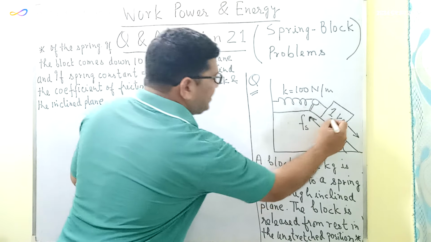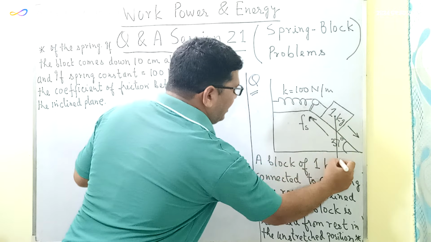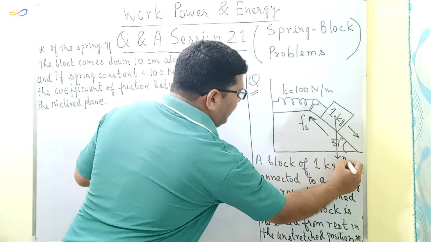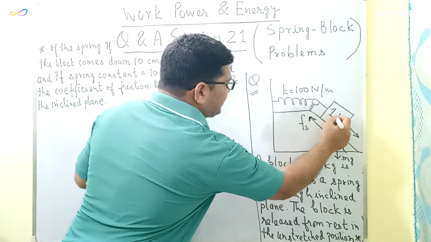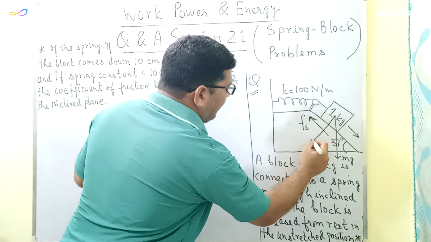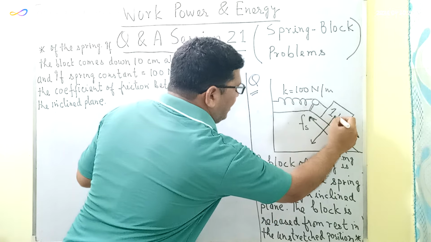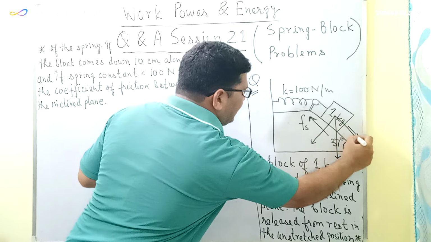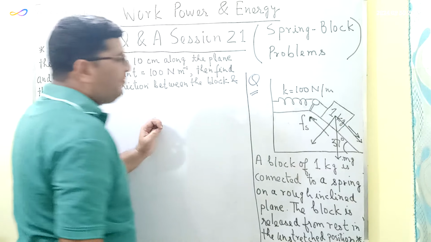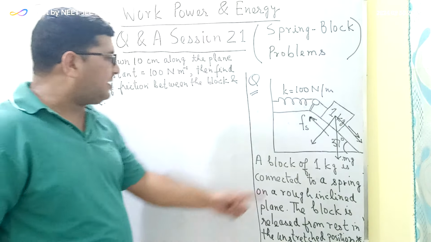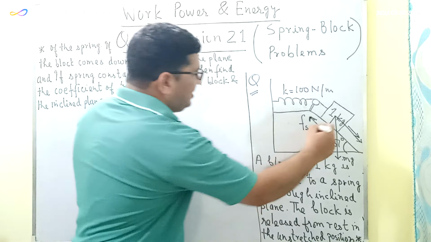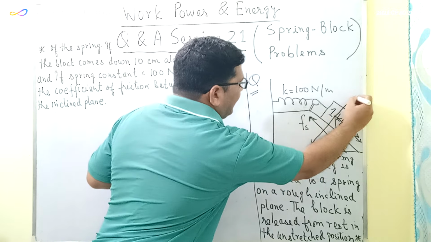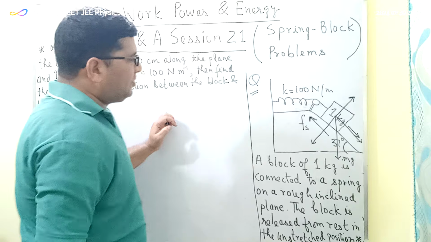Now the weight of this block, mg, will be acting vertically downward. I am resolving this weight into two components: one parallel to this inclined plane, and the other perpendicular to this inclined plane.